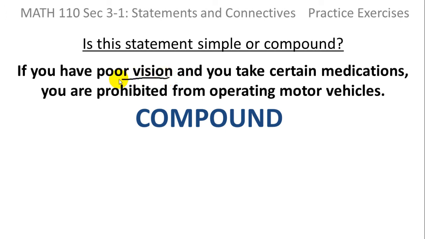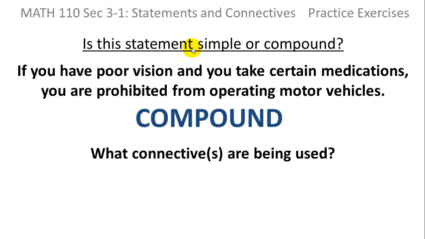So you've got these 2 simple statements joined by a connective. Without going any further, you can certainly say this is compound. No doubt about that. The secondary question, though, is what connectives are being used. I've already pointed out and. In fact, you look for connectives to see if it breaks things down into simple statements in order to decide that it's compound. But it's actually asking you what they all are.